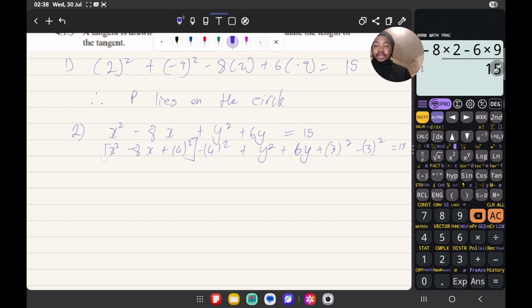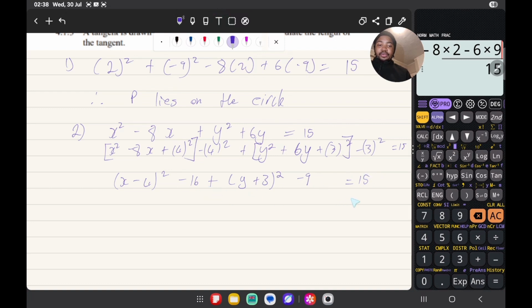Group the first 3 terms in each. Therefore you have (x minus 4) squared minus 16, plus (y plus 3) squared minus 9 equals 15.